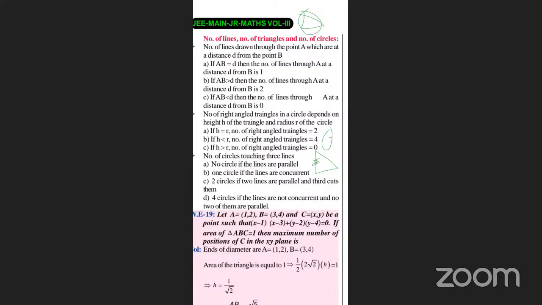The circle is like this, and if the radius is equal to h, both are the same, I can inscribe two right angle triangles here. Yes, I can. They will not be like this.